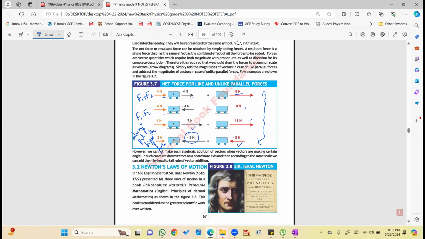Here the bigger force is acting in this direction, so the resultant force is drawn in this direction. And if the forces are cancelling out each other, we have not drawn any. This scale is basically telling us the direction of force. And you know that this length is basically the magnitude. Length shows the magnitude of the force.